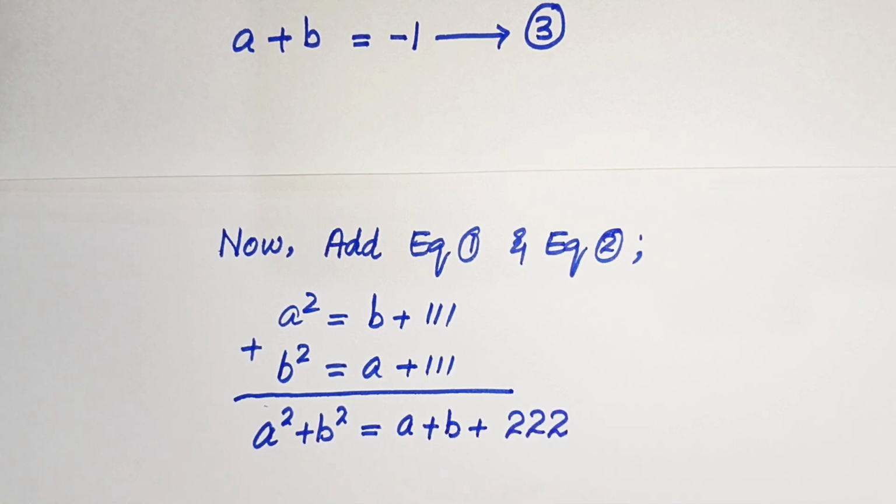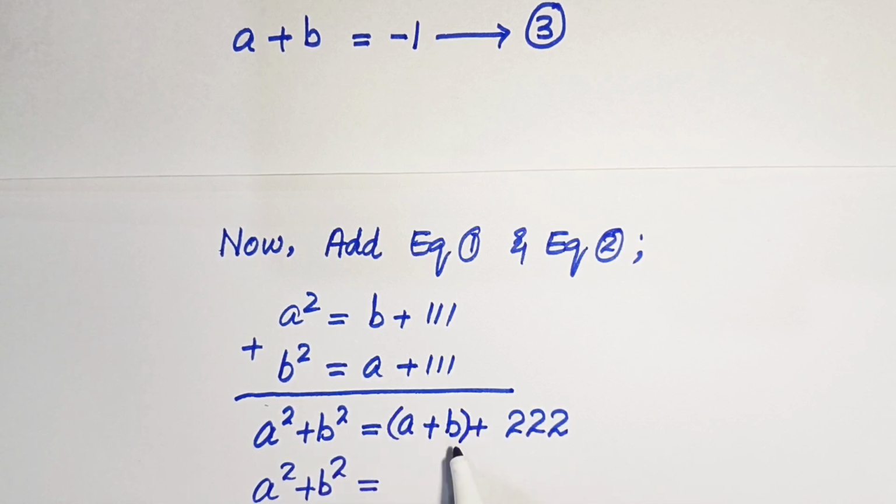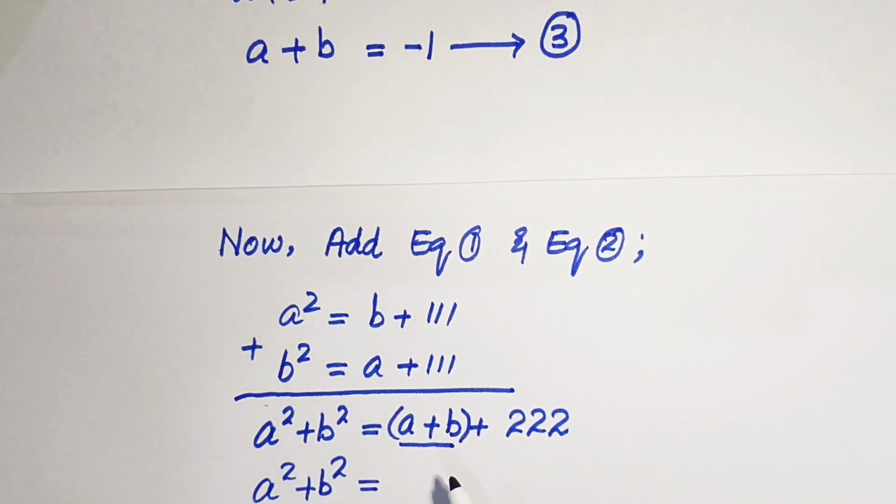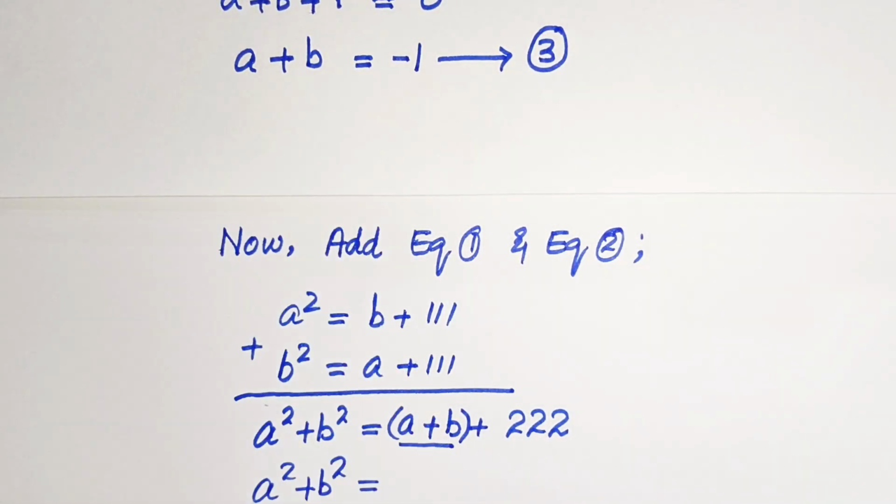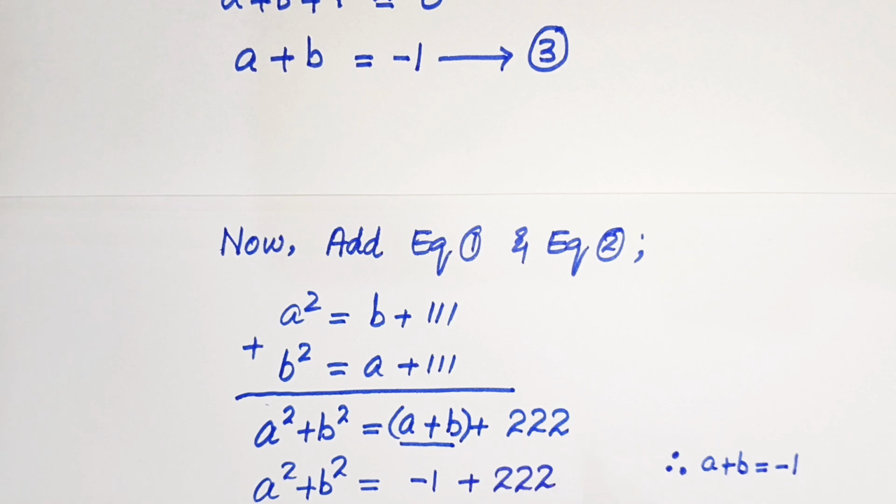Now a squared plus b squared is equal to a plus b, so if we put the value from equation 3, that a plus b is equal to minus 1, it will be minus 1 plus 222.